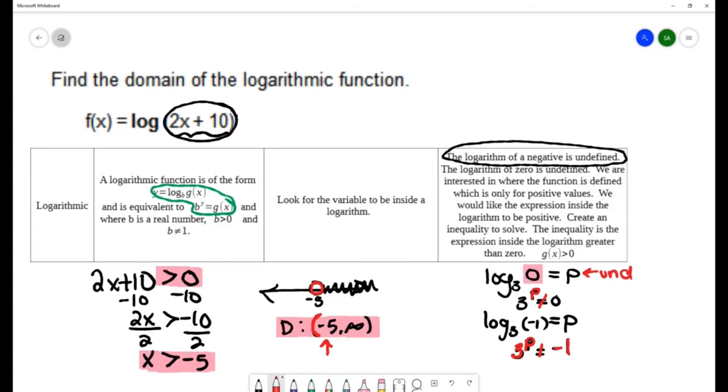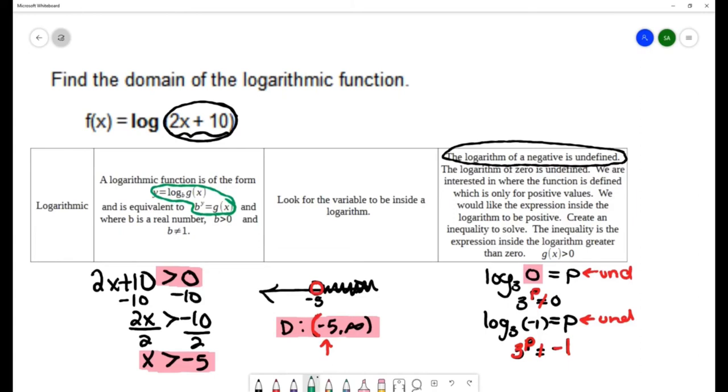And so once again, we get an expression that is undefined. So this idea of relating the exponents and the logarithms only works when the value inside the log is a positive value.